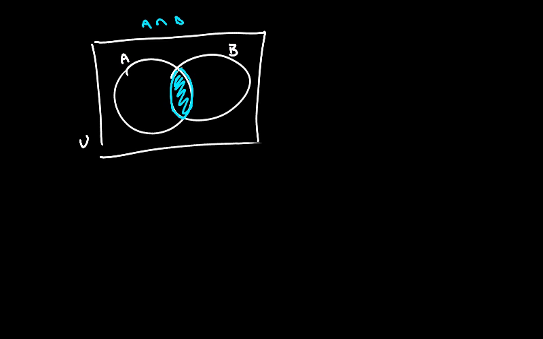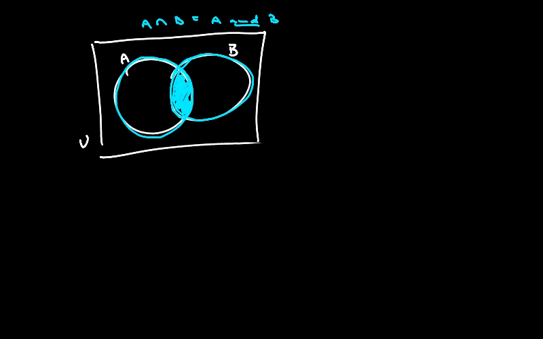Okay, because remember A intersect B translates as A and B. Everything in this section is in A because here's A. Everything in this section is also in B because here's B.